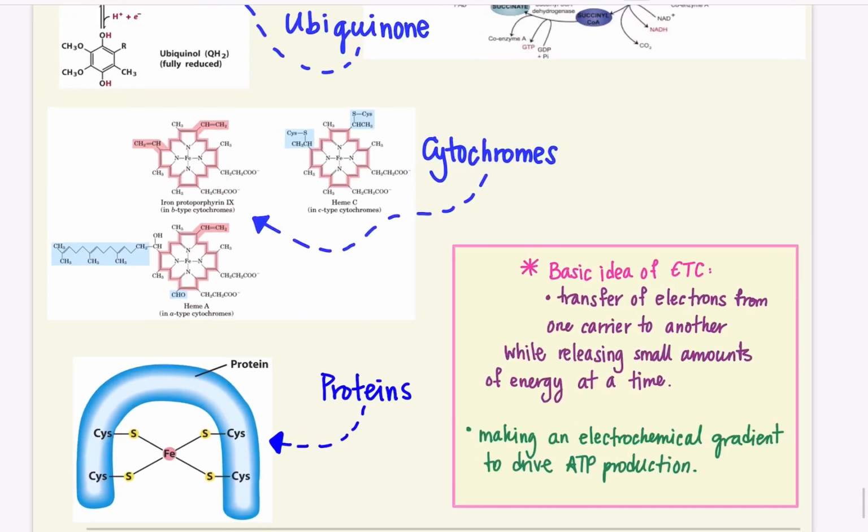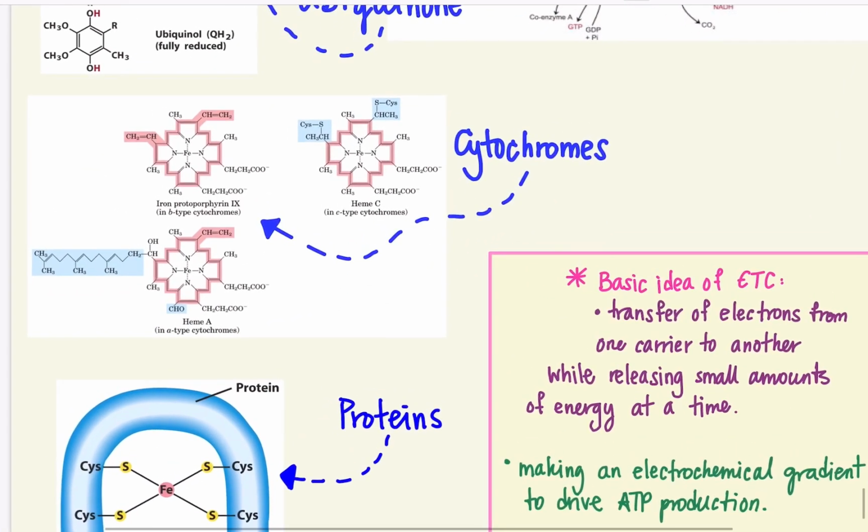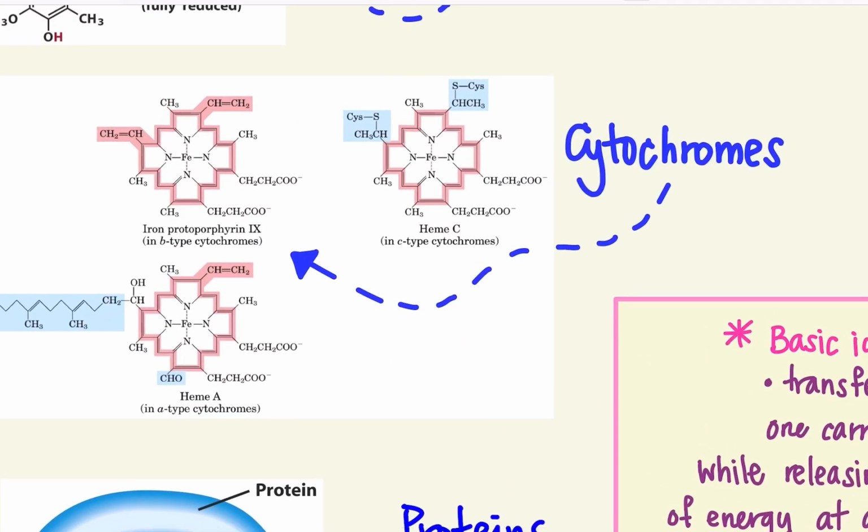The next molecule that acts as an electron carrier is a type of cytochrome. Cytochromes are special in that they have this iron group in the middle, and what iron can do is bind electrons.